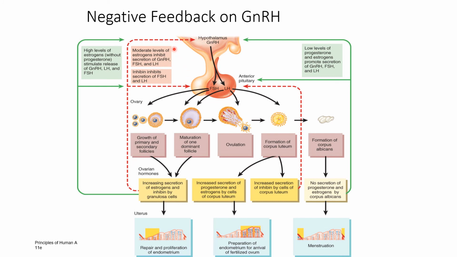So during normal reproductive cycle, the growth of the follicle overcomes this moderate level of estrogen and keeps on growing because it has all the momentum. But the discovery of this inhibitory effect is the basis of modern estrogen-based, pill-based contraception.